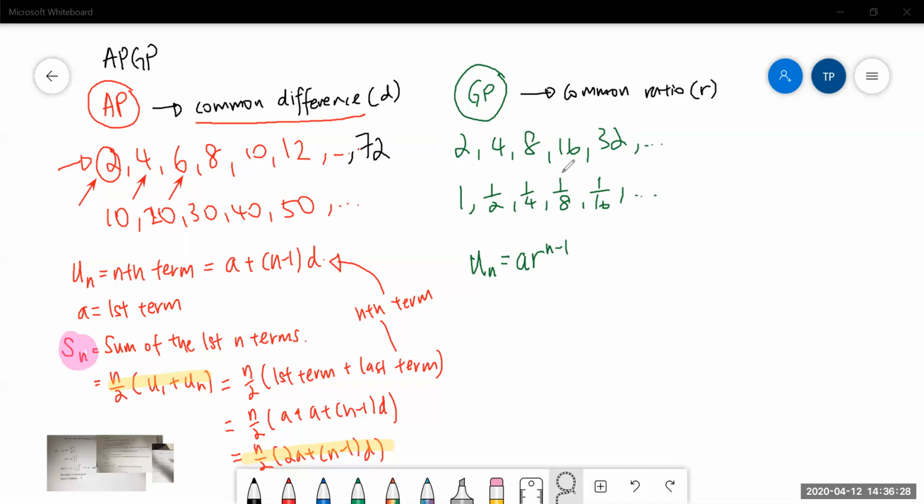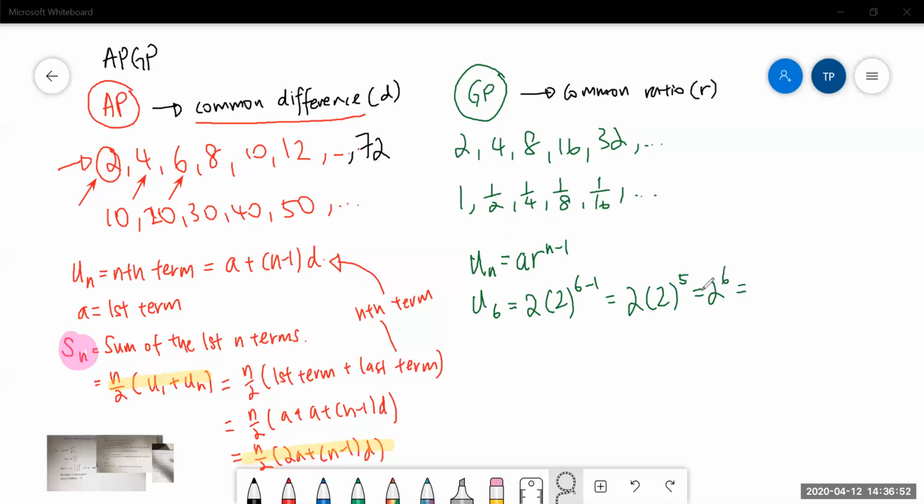So let's check if this formula really works. Let's say I want to find the sixth term. So it will be 2, which is the first term, our r is 2, and then our n is 6 minus 1. That is equivalent to 2 times 2 to the power of 5, which is equal to 2 to the power of 6.